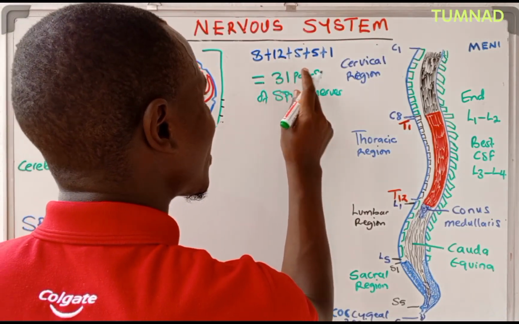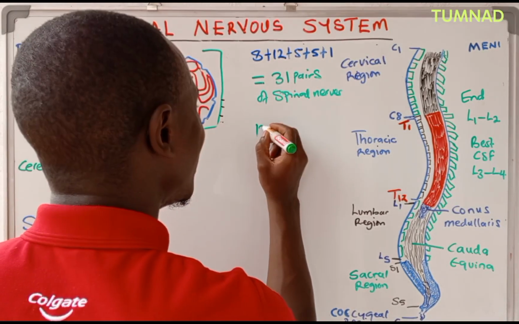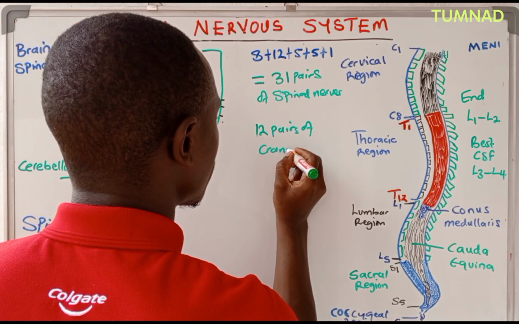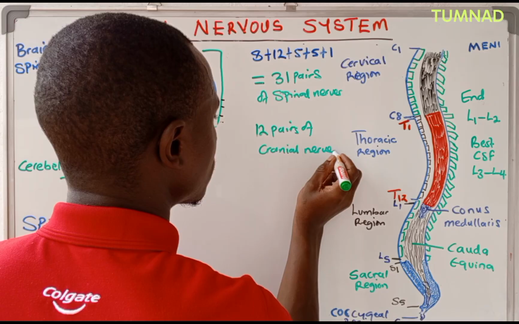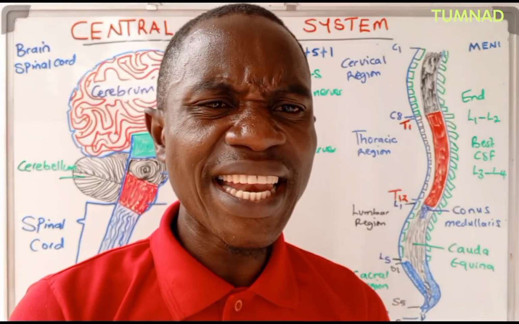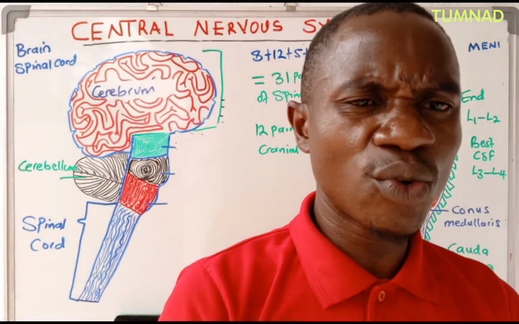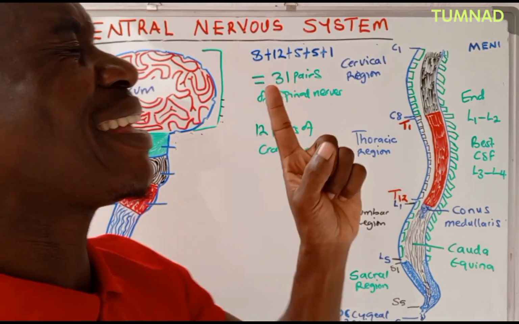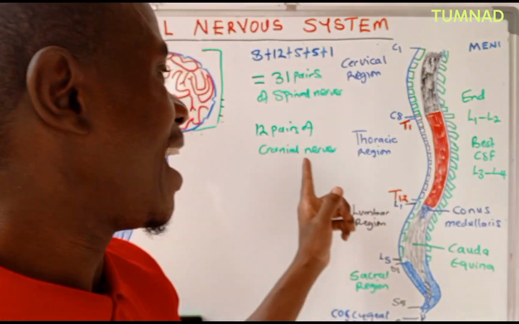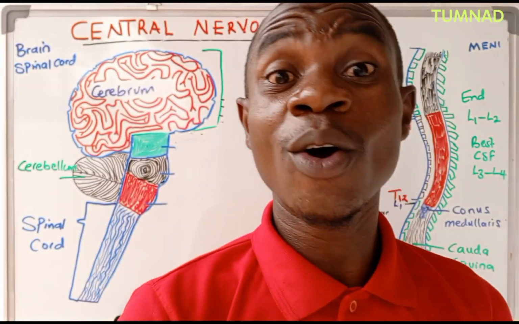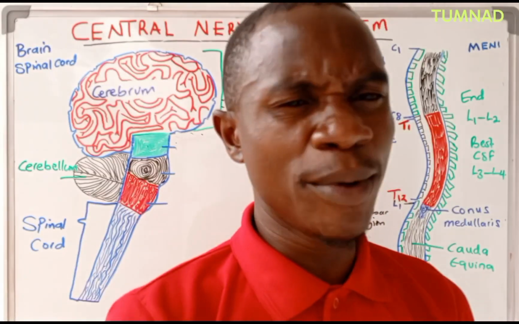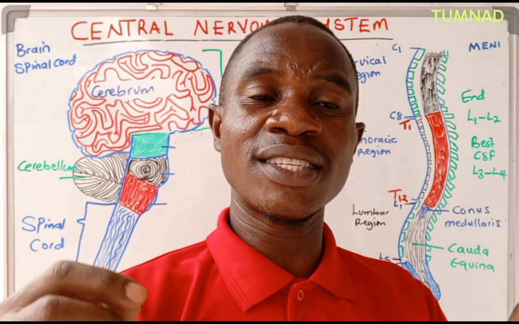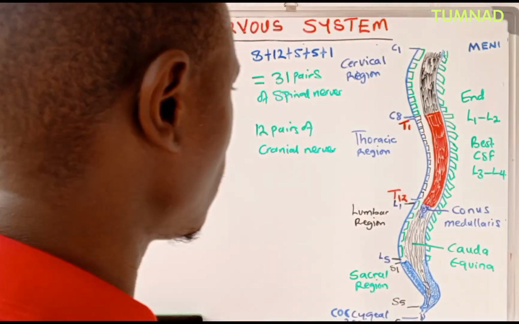So to send our sensory information from the periphery to the central nervous system, the peripheral nervous system uses 31 pairs of spinal nerves along with the 12 pairs of cranial nerves. Such a beautiful thing that allows us to get the sensory information to the central nervous system for a corrective motor response.